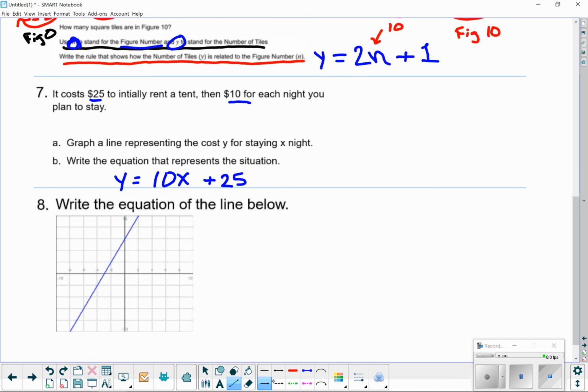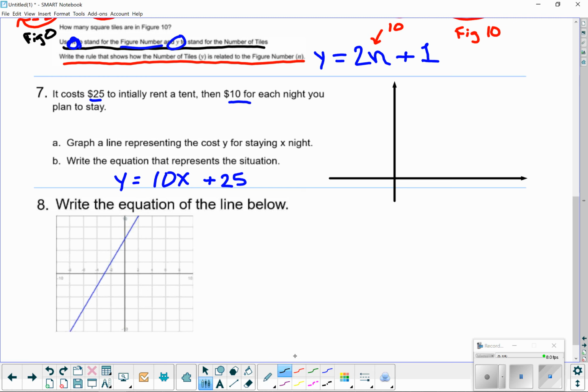So if I'm going to graph, I need my x-axis, and I need my y-axis. And I'm going to need to go by, let's see, I'll go by 5. So here's 5, 10, 15, 20, 25, 30, 35, right?